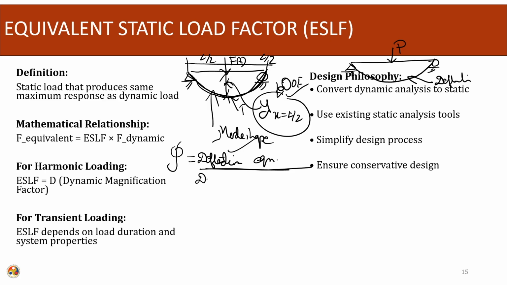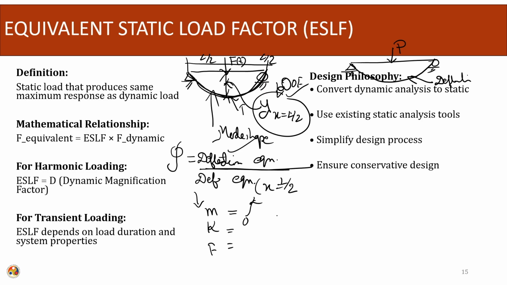We wrote down the deflection equation, and we evaluated the deflection equation at x equals L over 2. From there we calculated my equivalent mass, my equivalent stiffness, and the forcing function.